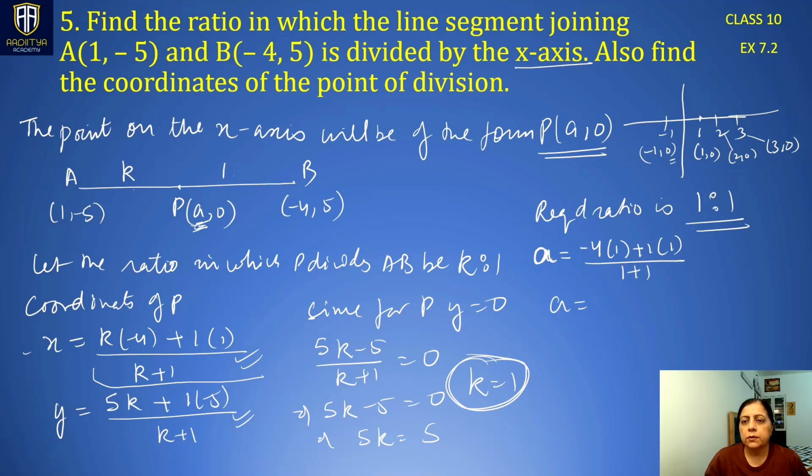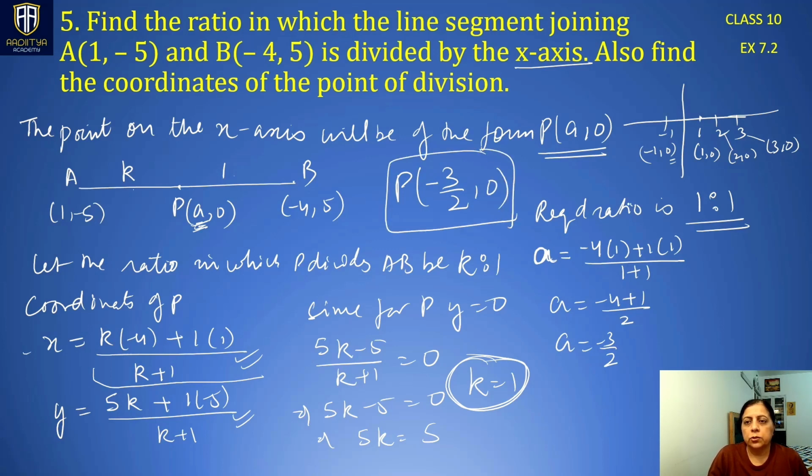So a becomes minus 4 plus 1 upon 2. a is minus 3 by 2. So the coordinates of P become (-3/2, 0). And the ratio is 1 is to 1. Right?